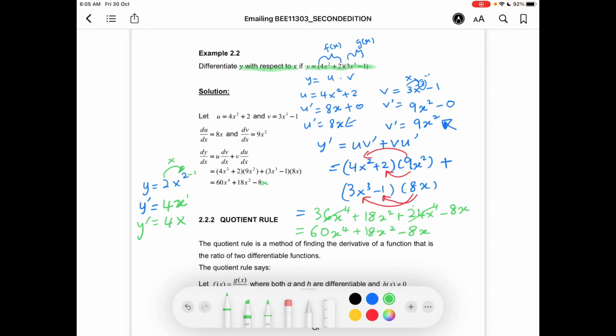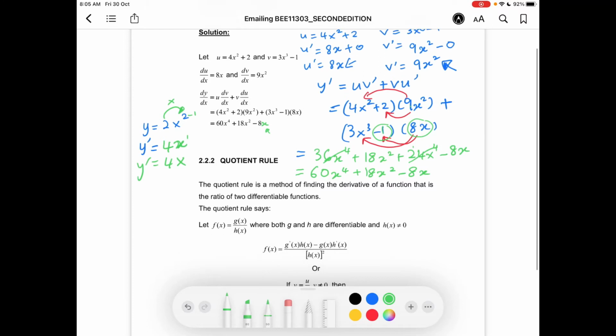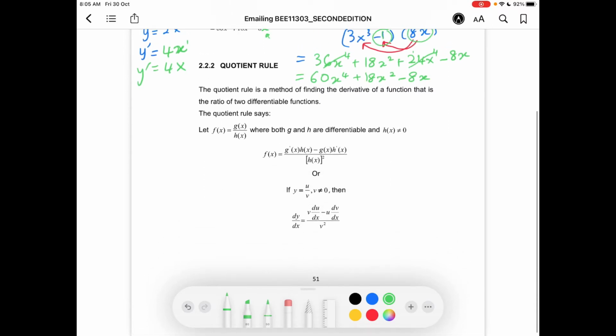But so far this is right. Minus 1 times 8x is minus 8x, so we missed the x here. You just need to do the correction in your module later on.